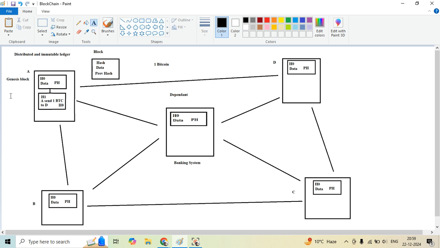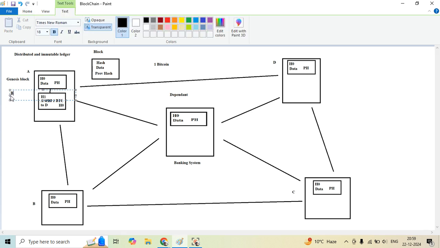The blocks form a chain-like structure, connected to each other using the hash function. So this defines the term block and the chain of blocks.